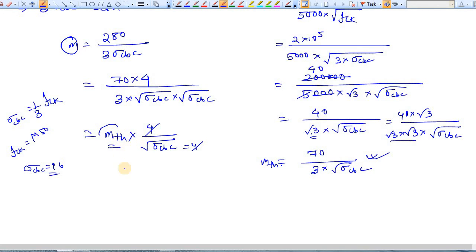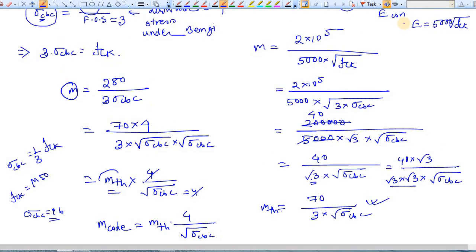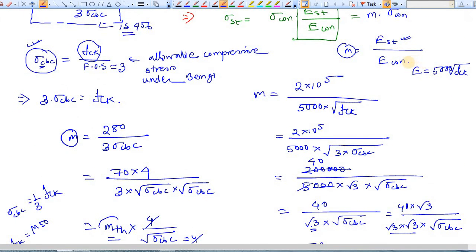Now you may ask, why for other grades is m as per the code given more than the theoretical with this factor 4 divided by square root of sigma_cbc? Well, in our calculation we have taken the modulus of elasticity of concrete as E equal to 5000 times square root of fck. You know, this is the short term modulus of elasticity.